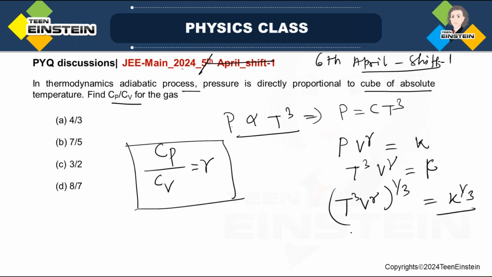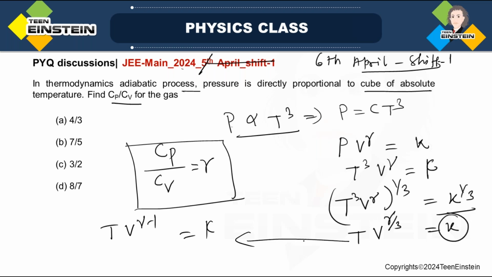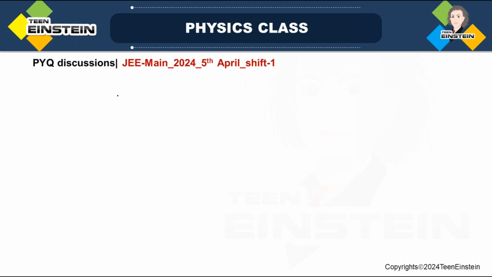So what I get then is T V to the power gamma by 3 is equal to constant. If I compare with T V to the power gamma minus 1 is equal to some constant, I can say gamma minus 1 is equal to gamma by 3, right? So gamma minus 1 is actually gamma by 3 here.